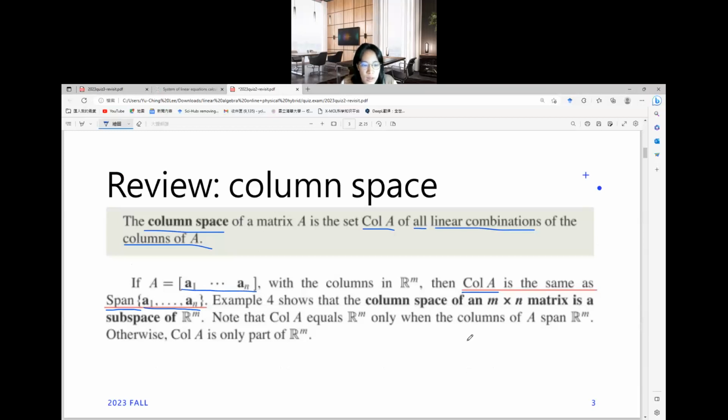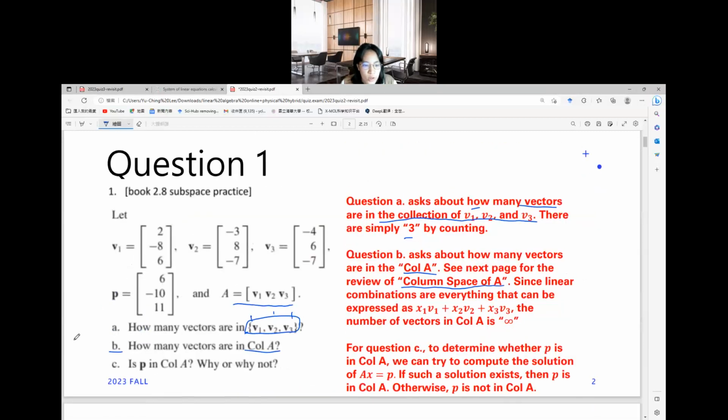So how many vectors are in the column space of A? Since it collects all possible linear combinations, all the linear combinations are contained in the column space of A. So there should be many linear combinations.